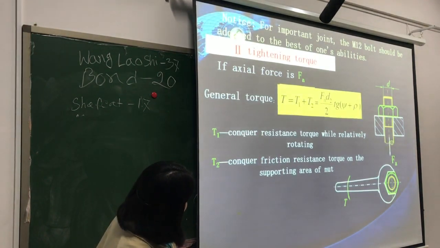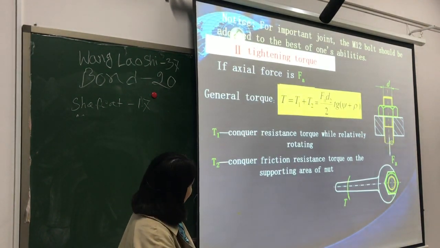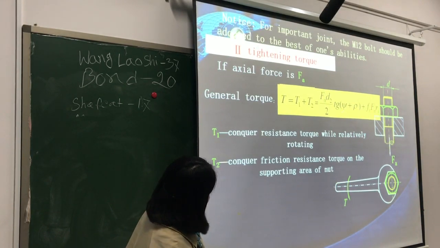This is T1 and this is T2. T1 is the friction of the bolt and T2 is the friction of the members.